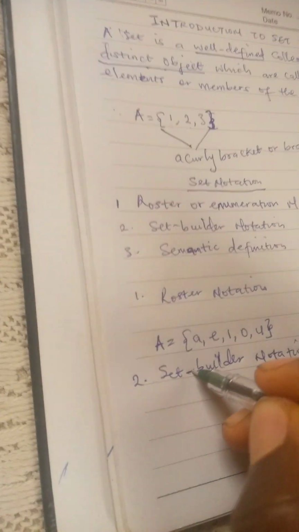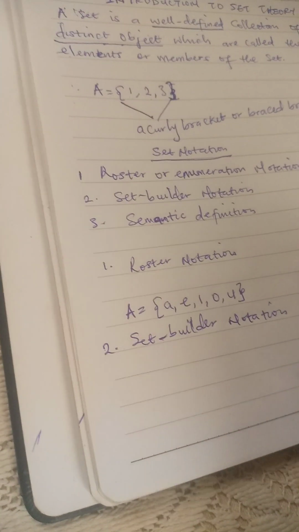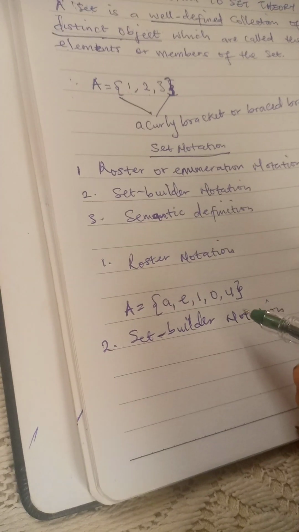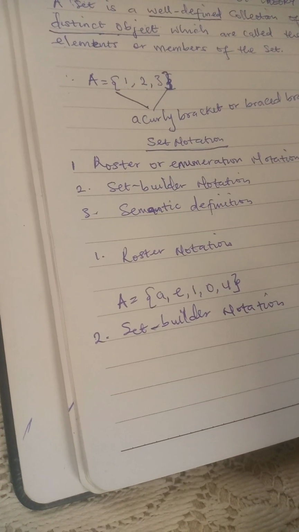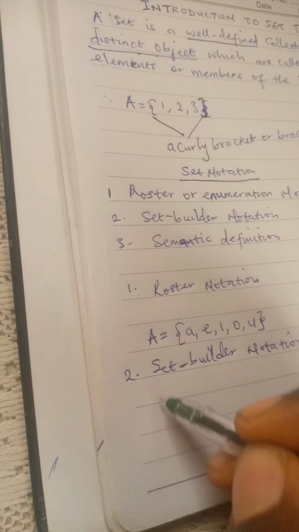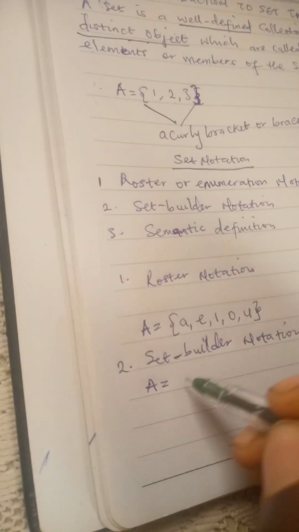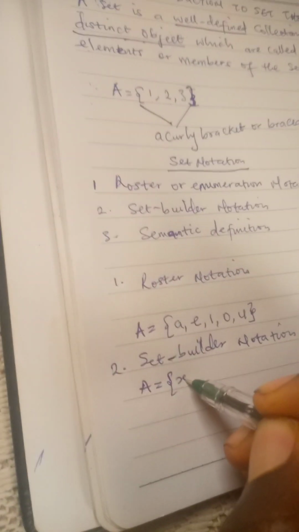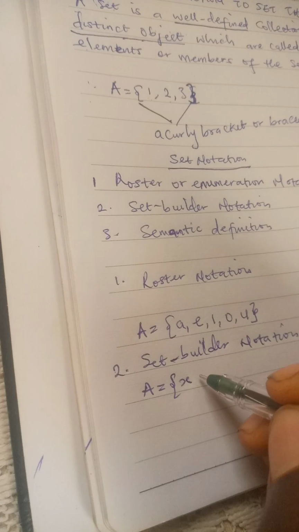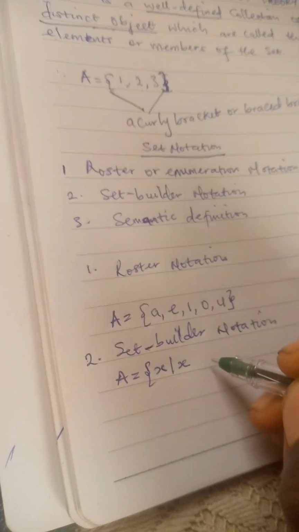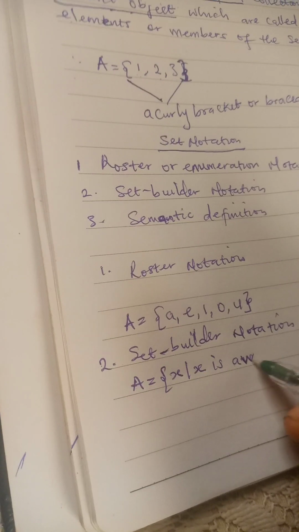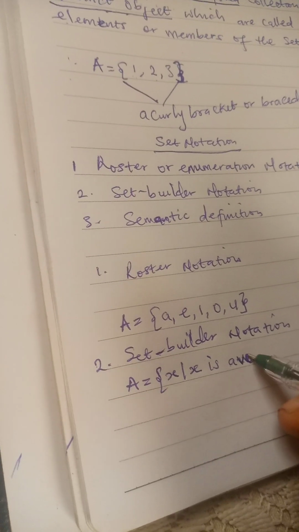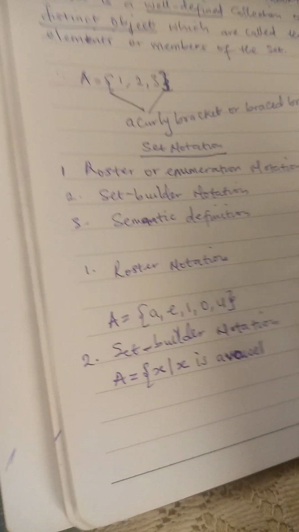Okay, so for example, we have a set of vowels. Let's use a set of vowels. A equal {x | x is a vowel}.